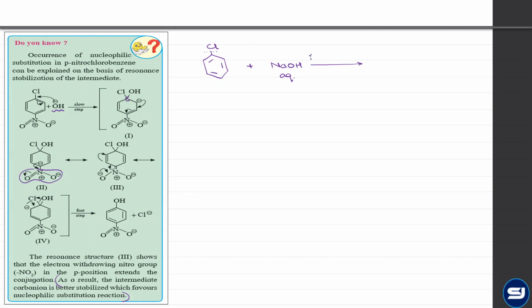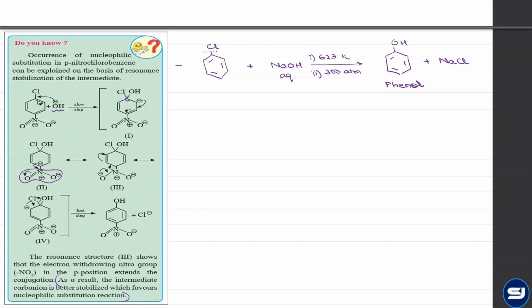That is why we require the condition of a high temperature of 623 Kelvin and a pressure of about 300 atmospheres. तो ये condition justify करता है कि we are doing a reaction for a substrate which is very difficult to break down with respect to the C-Cl bond. ठीक है, तो अब इस कंडीशन में क्लोरो की जगह OH सब्स्टिट्यूट हो जाएगा and now the chlorobenzene would be converted into a phenolic compound with the byproduct as NaCl.